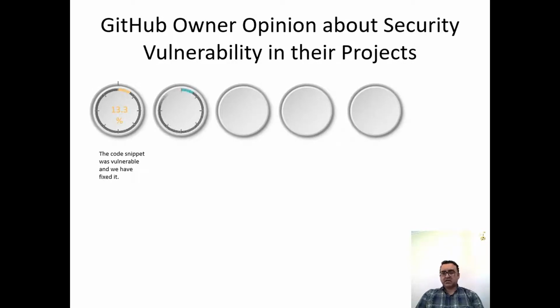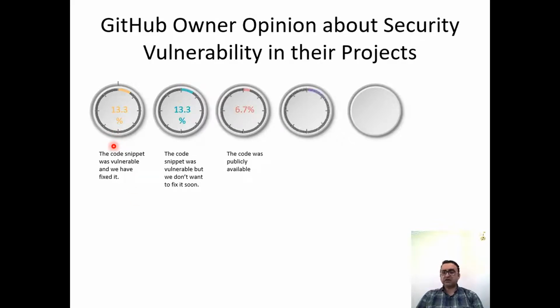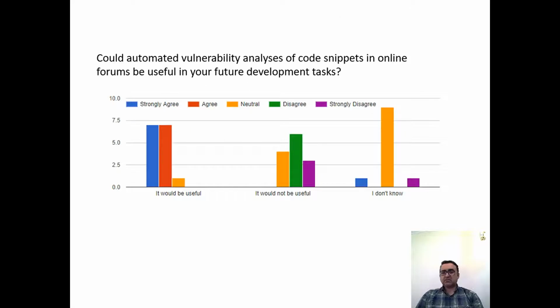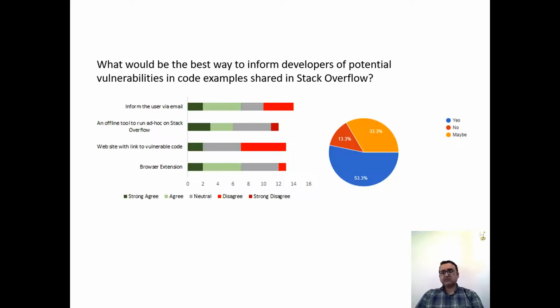Based on our analysis, only 13% of the people, although we provided all the information, fixed their vulnerable code, and a lot of them didn't want to fix it, or said they don't know, or said it is not their problem.